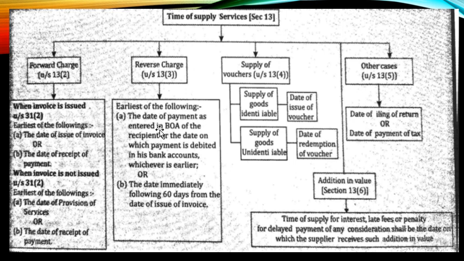Then under reverse charge, the earliest of the following will be considered: the date of payment as entered in the books of accounts of the recipient, or the date on which payment is debited in his bank account, whichever is earlier. That is, the date on which the recipient has recorded the payment in the books, and the date on which the supplier's amount is debited from the receiver's account.